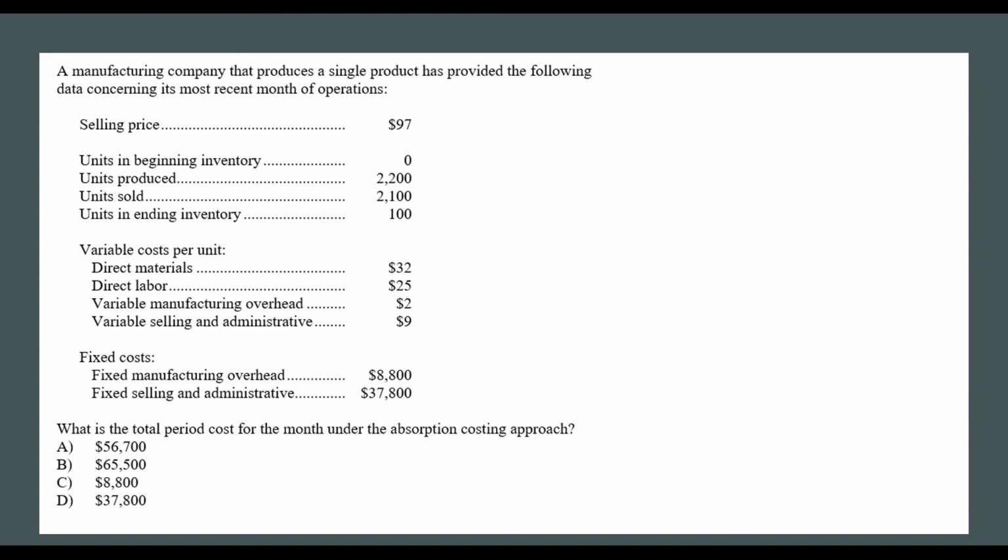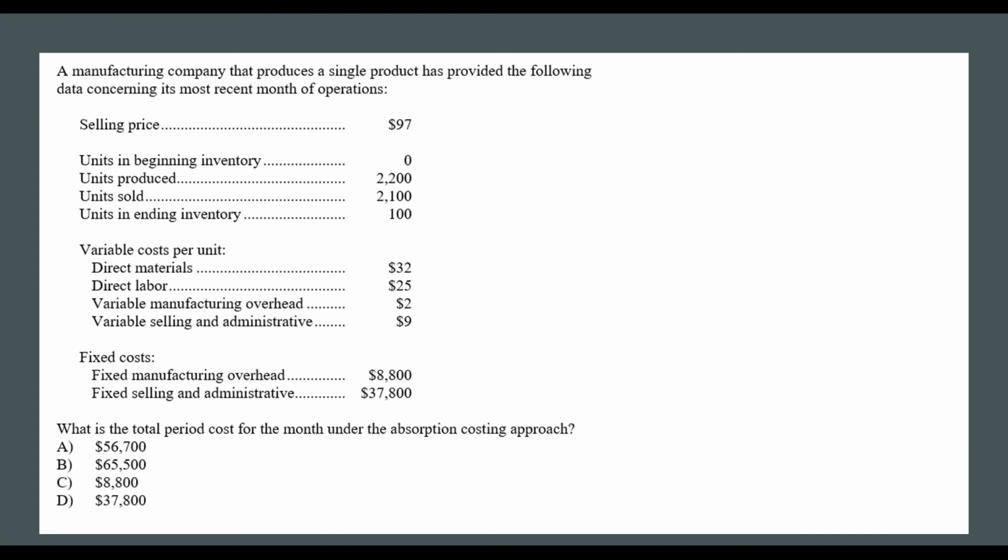And then we have here your variable cost per unit of $32 direct material, $25 for direct labor, $2 for your variable manufacturing overhead, and $9 for your variable selling and administrative expenses. And we also have incurred the following fixed cost. For your fixed manufacturing overhead, it's 8,800. For your fixed selling and administrative expense, it is 37,800.